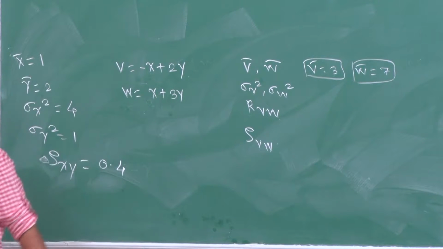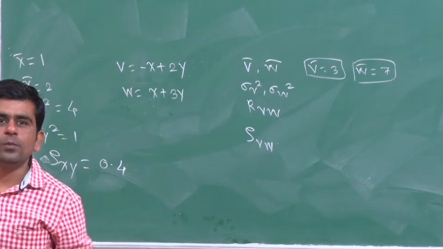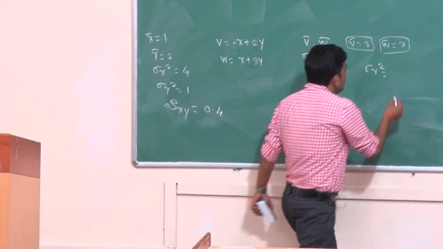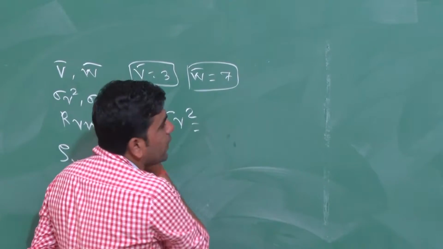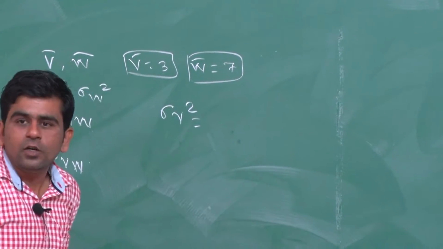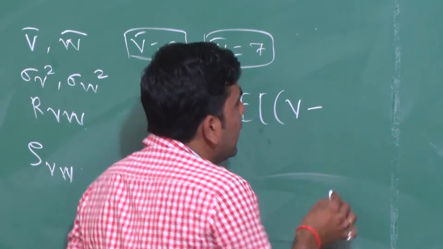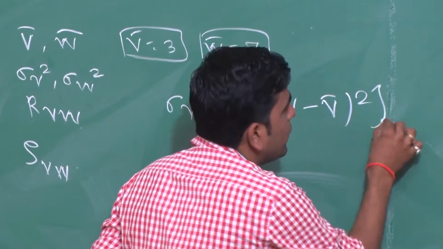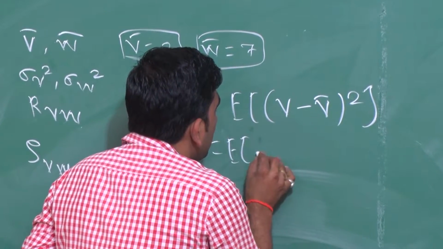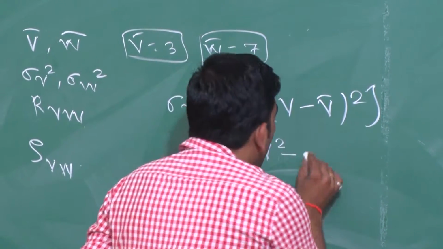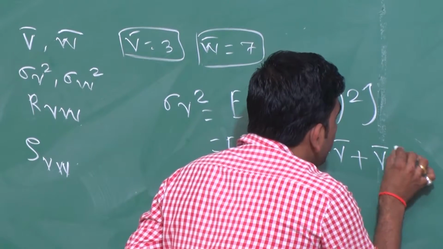Now calculate the variance for v and variance for w. So here we have to calculate the variance for this random variable v, which is given as minus x plus 2y. So this is nothing but expected value of (v minus v bar) square. So here we will get expected value of v square minus 2 v into v bar plus v bar square.